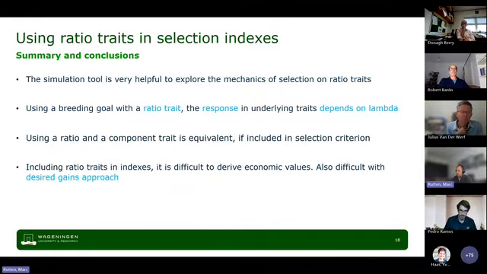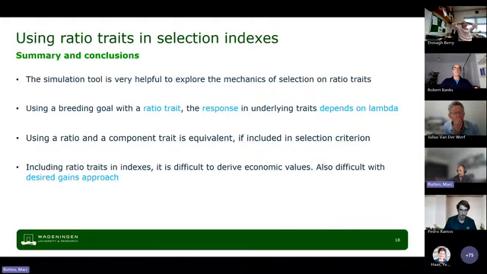And you see that back in the graphs I showed you, that it's not always as I directly would have expected that the response would come out. Using a breeding goal with a ratio trait, the response, as I showed in the underlying trait, depends heavily on lambda. Lambda is a given, right? So we have to see, if you have a set of traits, what lambda is, and that basically directs the response you will get.